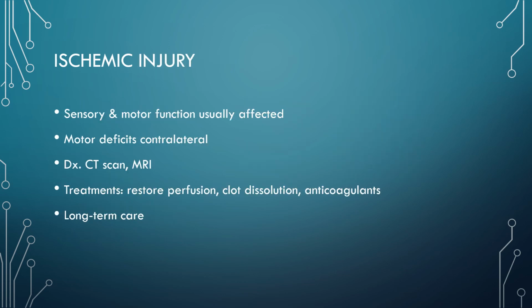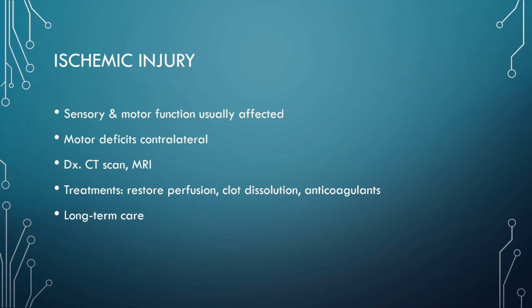When we see ischemic injuries, most often it's the sensory and motor areas that get damaged. And so those areas become non-functional. So the person is no longer able to control movement.